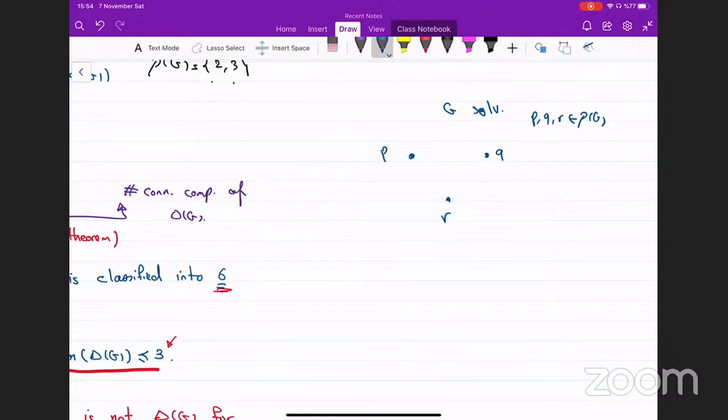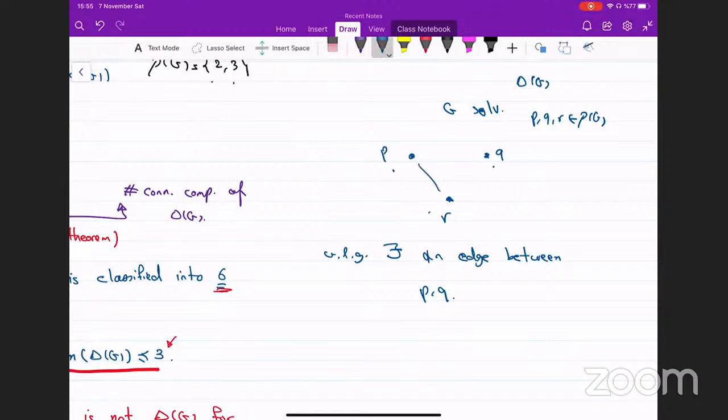So inside delta G for a solvable group G, you cannot find 3 vertices which are not connected to each other. Without loss of generality, there exists, let's say, an edge between p and q. So you cannot have 3 points like this. At least one of them is connected. Or if this is not the case, then these are connected. If this is not the case, then these two are connected.